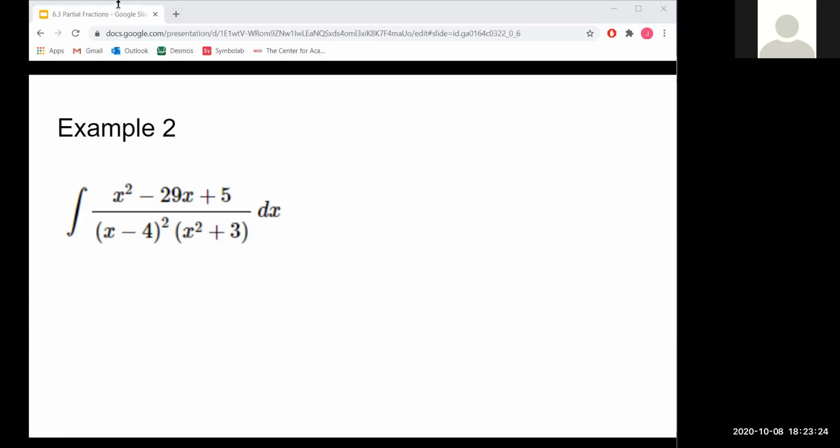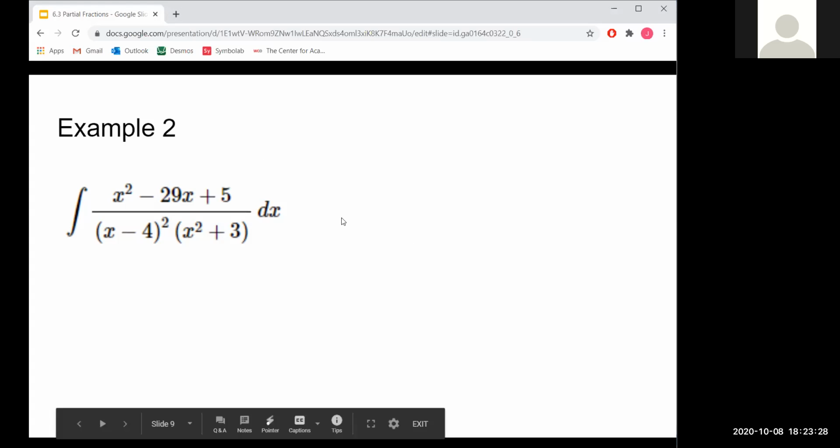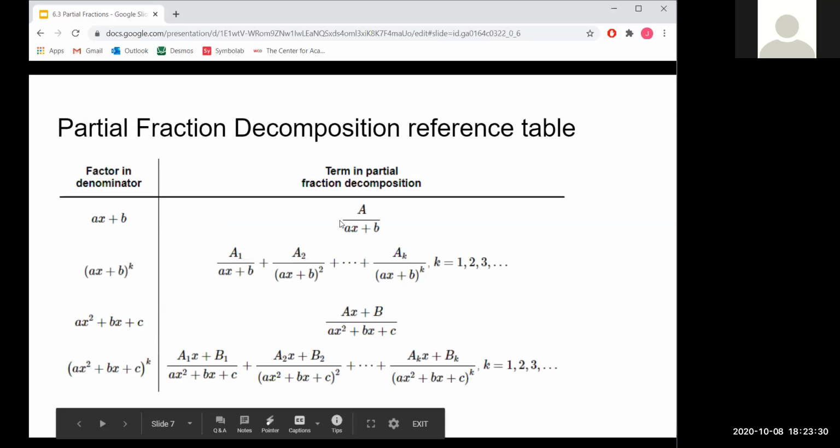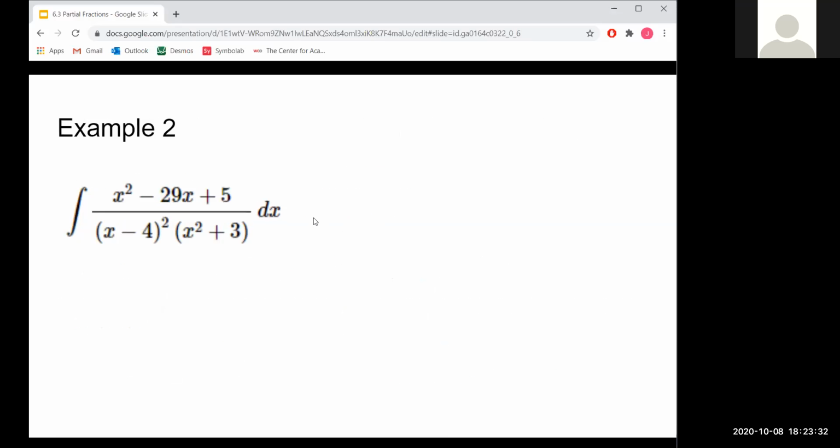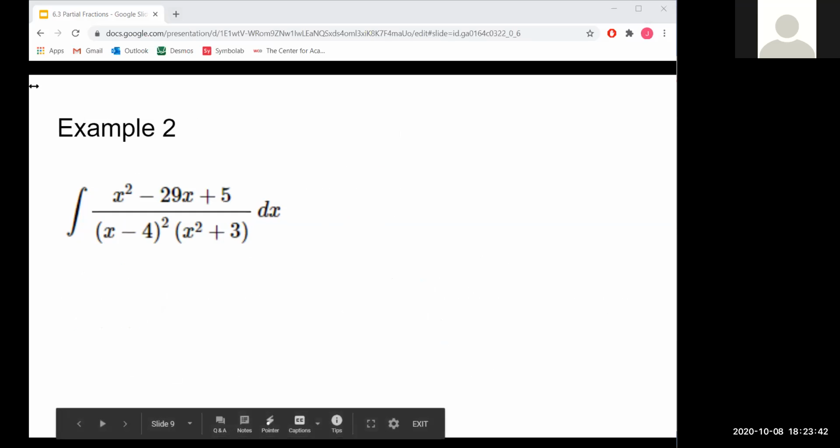And let me just go back to the slide where we have the table for how to do that. And let me put it all into one page.